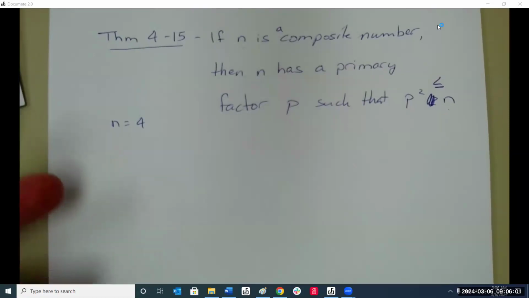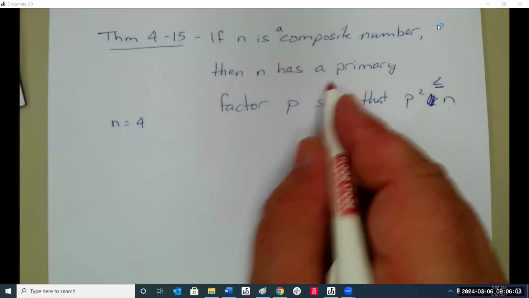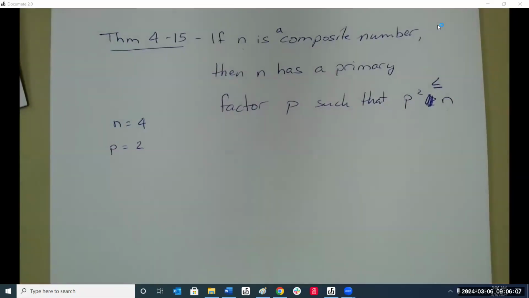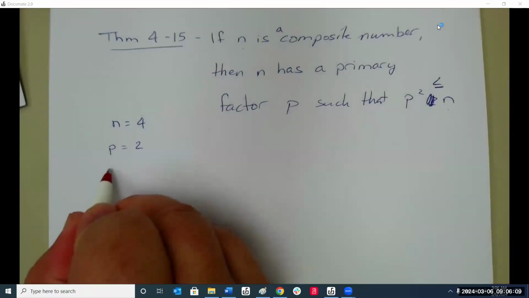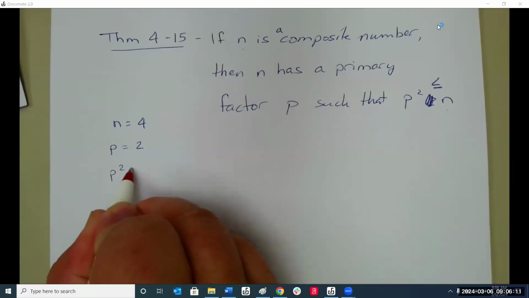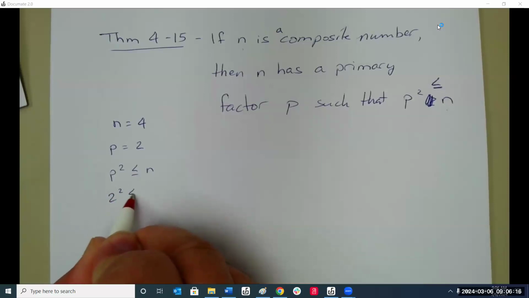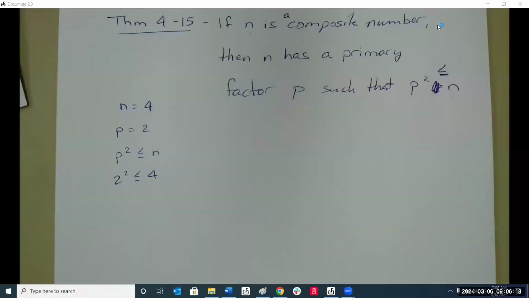It's made up of 1 times 4, 2 times 2. A prime factor is 2. If I square 2, is it less than or equal to 4? Yes, it's equal to 4.